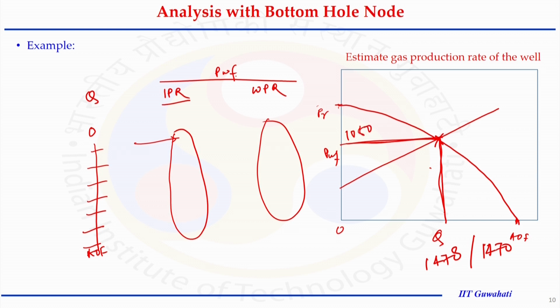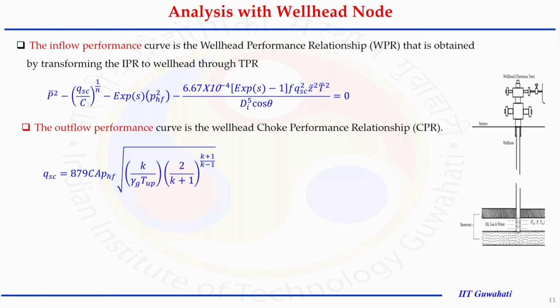So, I think with this I could explain how to use IPR and WPR to get the bottom hole operating conditions. The other option is, as discussed, the node could be chosen as a wellhead. What is the inflow relation for this wellhead?